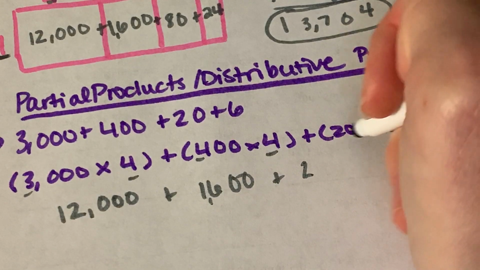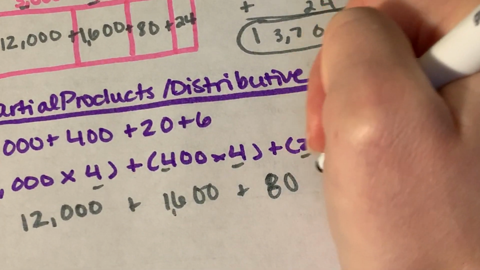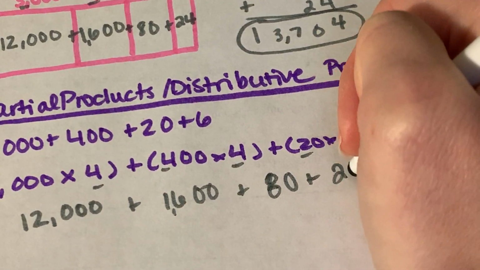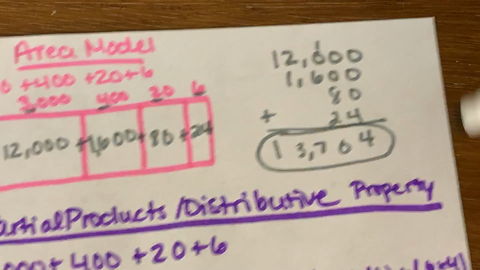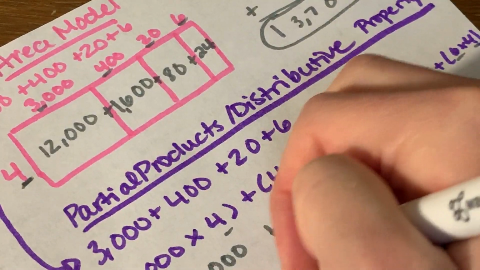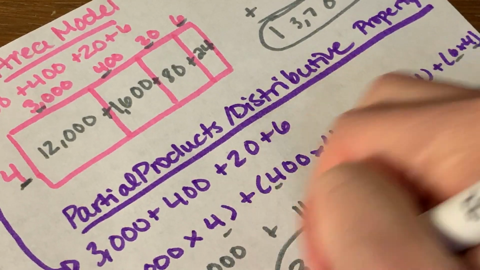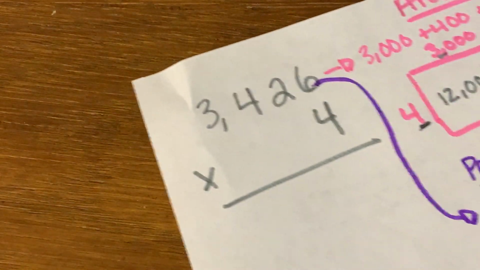Plus 2 times 4 gives me 8. Tack on 1 zero. Plus 6 times 4 gives me 24. Normally I would stack it, but I've already solved this problem up here, so I'm not going to. And I got all my same numbers here, so I know that my answer is 13,704.